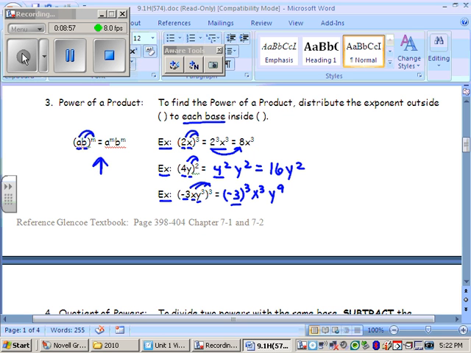We have a number that's a base, so we will go ahead and calculate -3 to the 3rd power, which is -3 times -3 times -3. And if you actually calculate that, we would get 9 times -3, which is -27. And we would just bring over the x cubed y to the 9th.